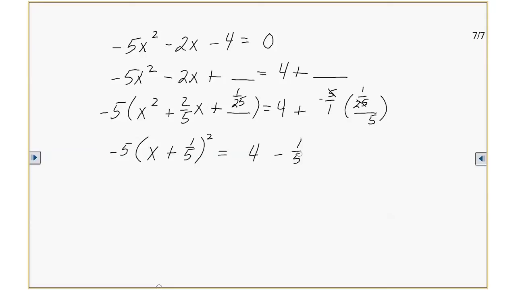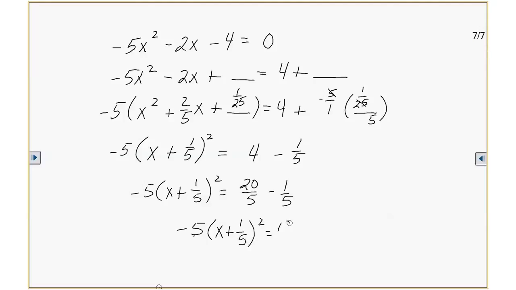Now notice, I could have went ahead and tried to do this, but that would have confused you, so that's why I wrote it again. -5 times x plus 1/5 quantity squared is equal to 20/5 minus 1/5, which is 19/5.